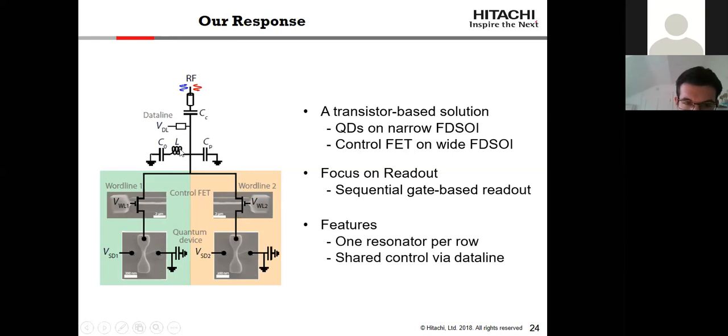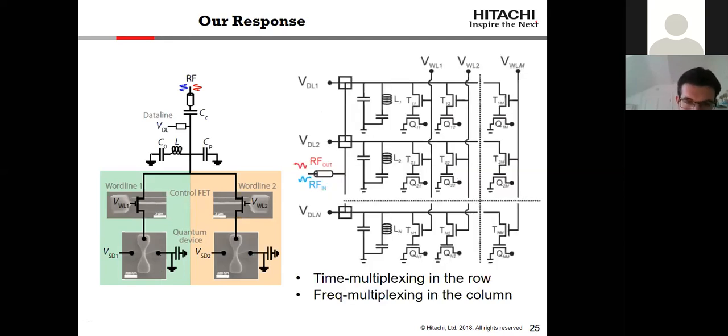And the advantage of this approach is that you just need one resonator per row, and you have also a single control line per row as well. So you minimize the number of resources that you need to control a number of qubits.